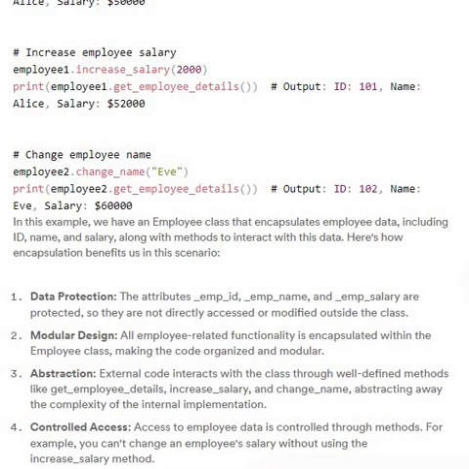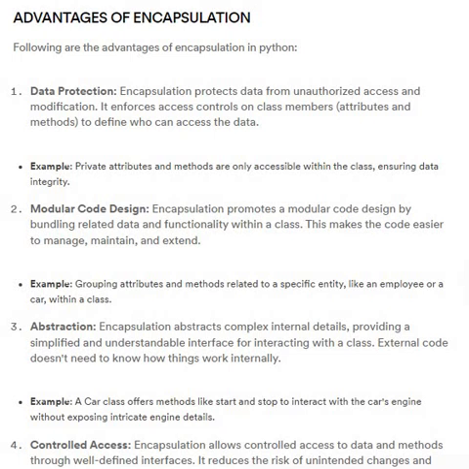The external code interacts with the class through well-defined methods: get employee details, increase salary and change name. And access to data is controlled through methods only. We can't change an employee salary without using the increase salary method. So this is the way we are restricting things inside the class. The advantage is data protection.